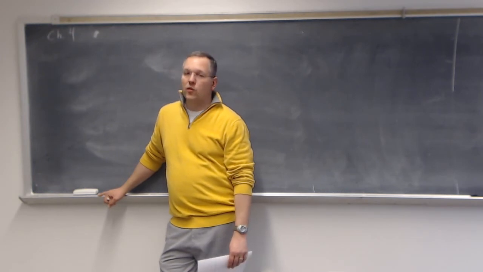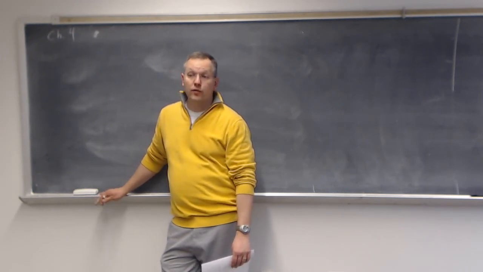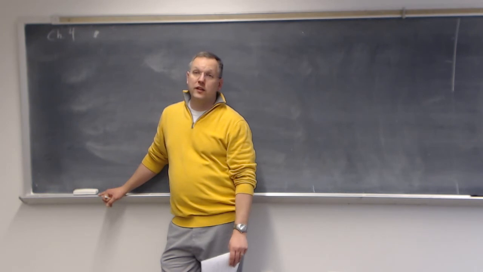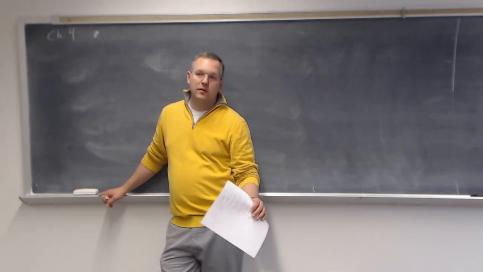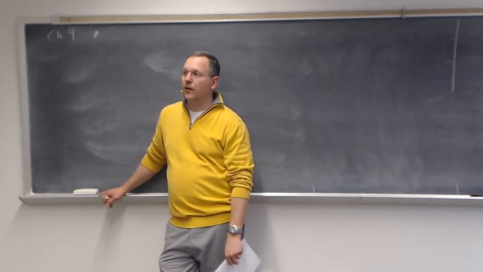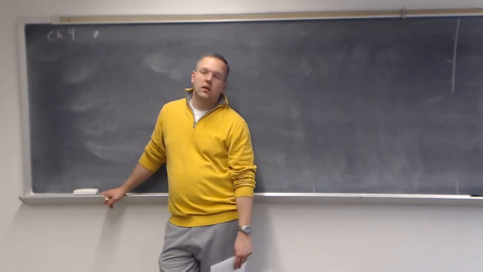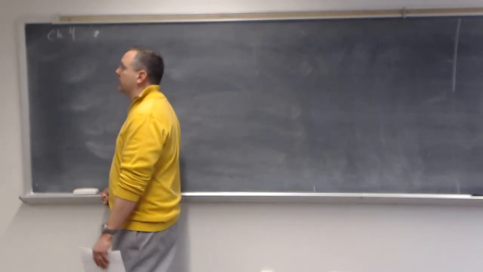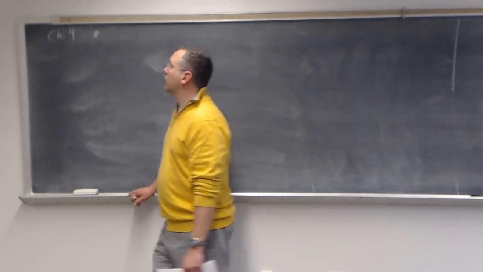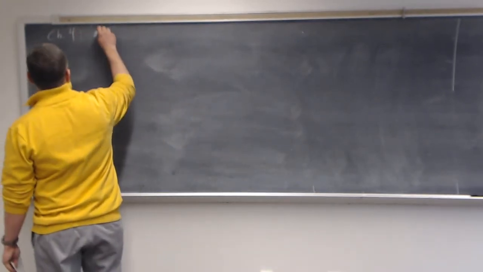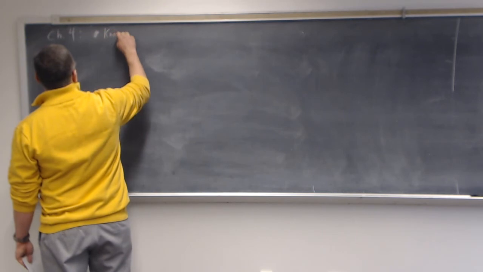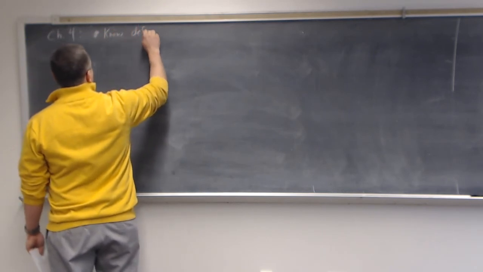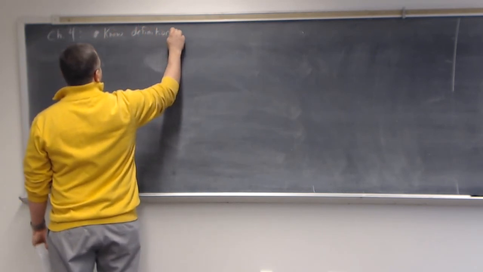So remember back in chapter 4, we started talking about direct proof. We start off with definitions. I think you probably know these definitions by heart by now anyway. Like, what does it mean for x to be even? x equals 2 times an integer. What if x is odd? x is 2 times an integer plus 1. So, just to remind you, you need to know your definitions. I'm not going to make you write them out.